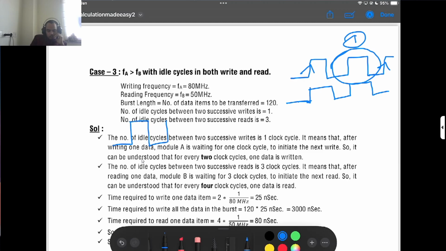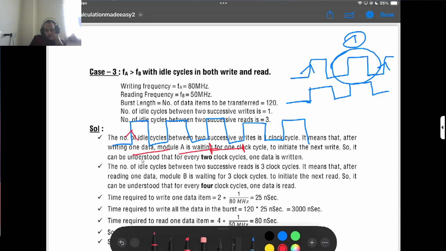So here is my clock like this. If my first read happens here, this is one clock cycle, two clock cycles, and three.